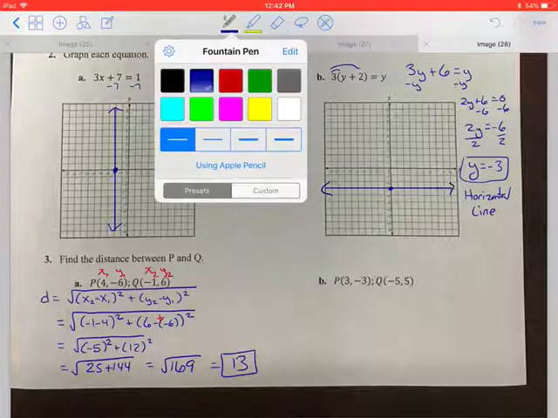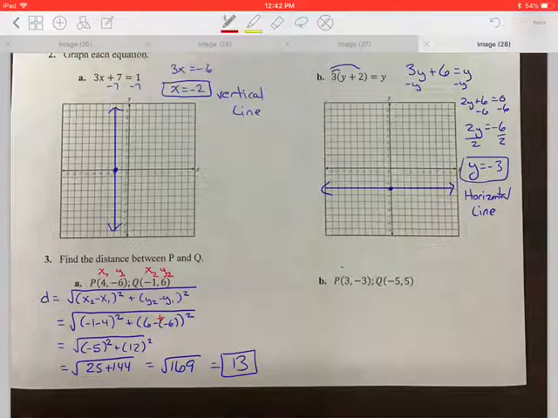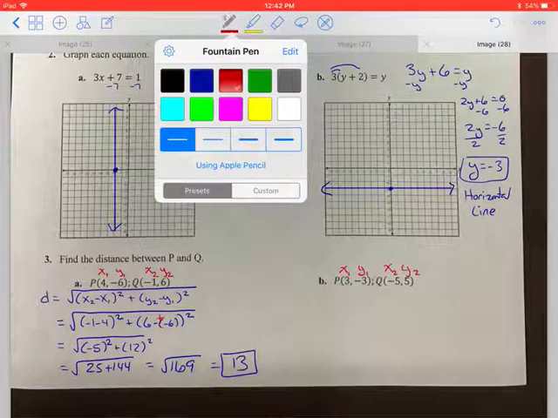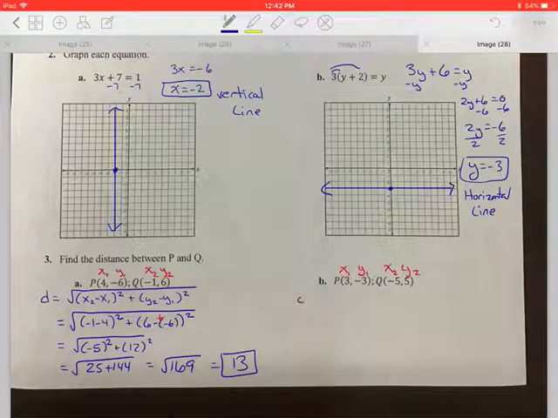All right, so in the next problem, we're going to look at one that doesn't come out as pretty. So remember, this is going to be x1, y1, x2, y2. All right, same formula. Always recommend writing the formula down first. So x2 minus x1 squared plus y2 minus y1 squared, and that's all under a big square root.